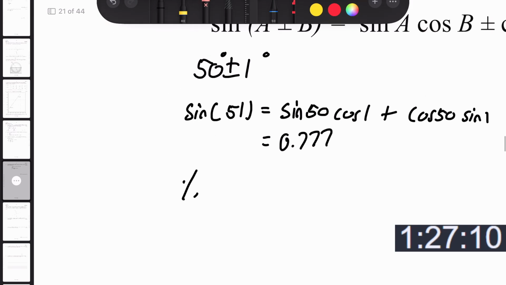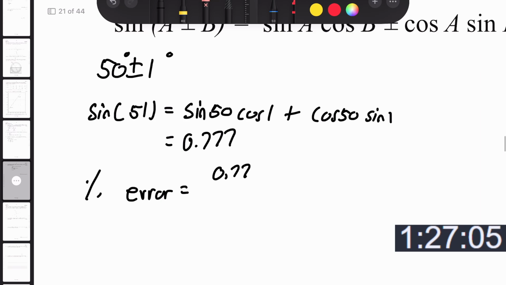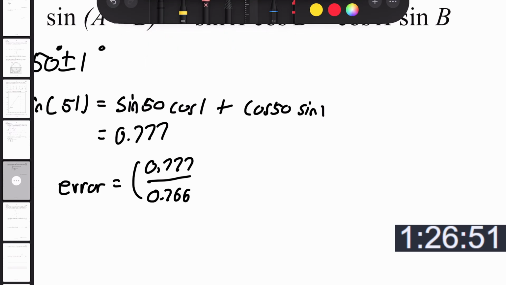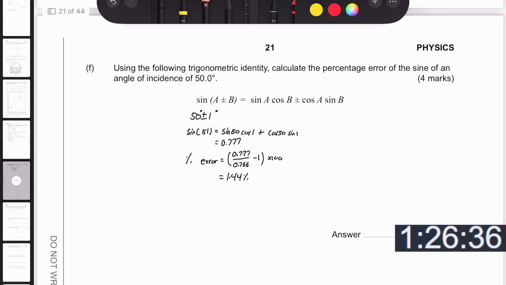So then percentage error is equal to 0.777 divided by 0.766 minus 1, times 100, so it's 1.44%.